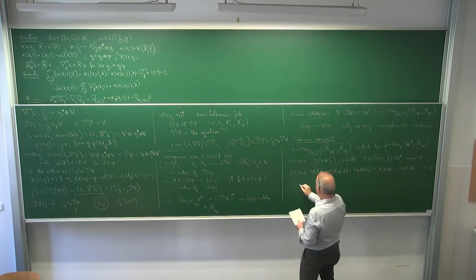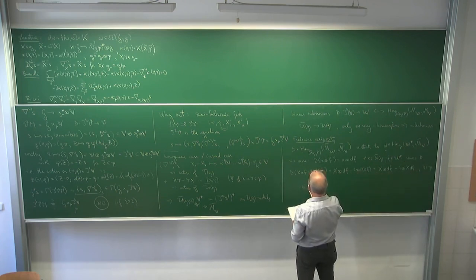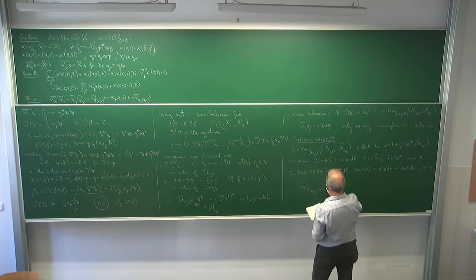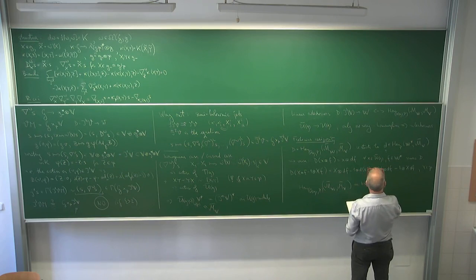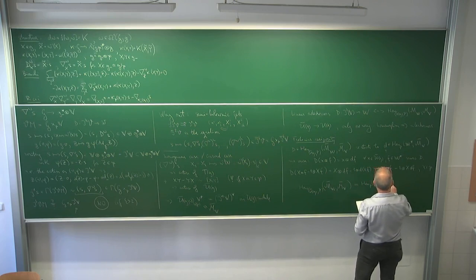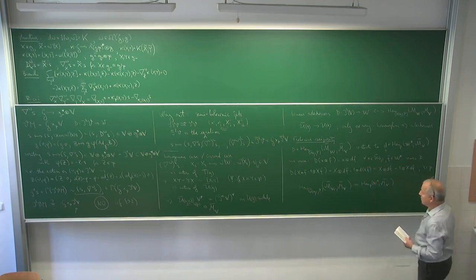So it means we identify Hom U bar G P (M bar W, M bar V) with Hom P (W star, M bar V).